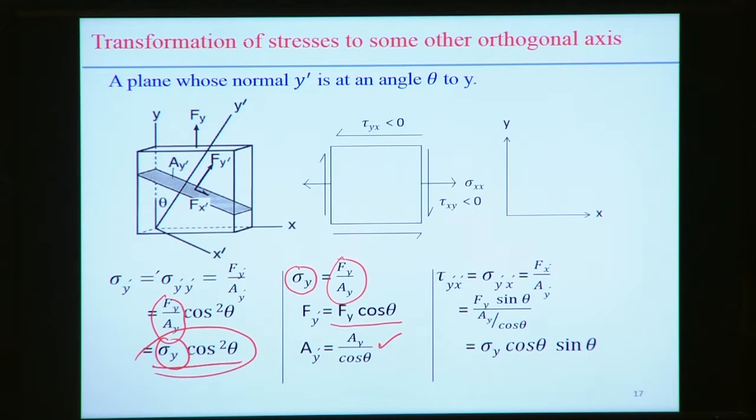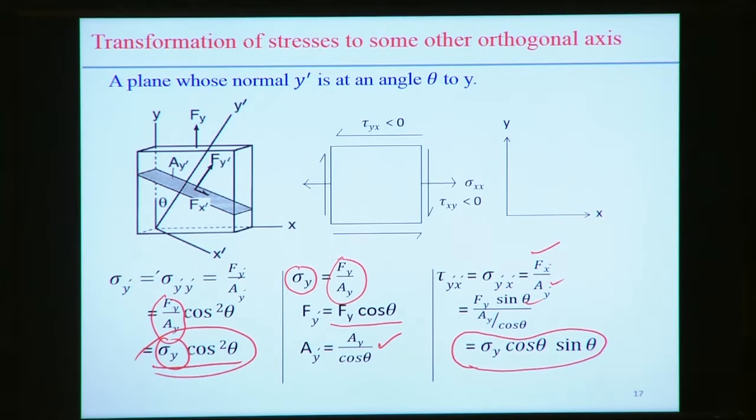So along the x dot direction, the component is Fx dot, and the area is Ay dot. Fx dot is actually Fy sin theta. Similarly, Ay dot is Ay by cos theta. Then we find that the shear stress is sigma y cos theta sin theta.